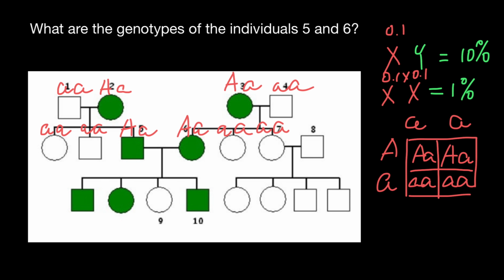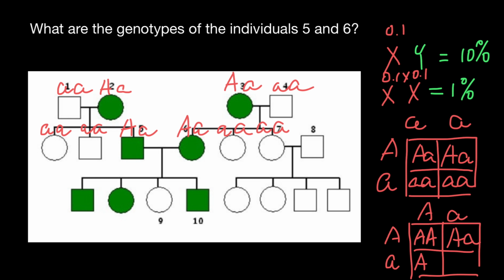But here two parents are heterozygous, with genotype capital A small a, capital A small a, and they are both affected. We expect that 3/4 of the progeny of this couple are going to be affected, and this is exactly what we see here: the ratio of affected to unaffected increased in comparison with this couple's progeny.